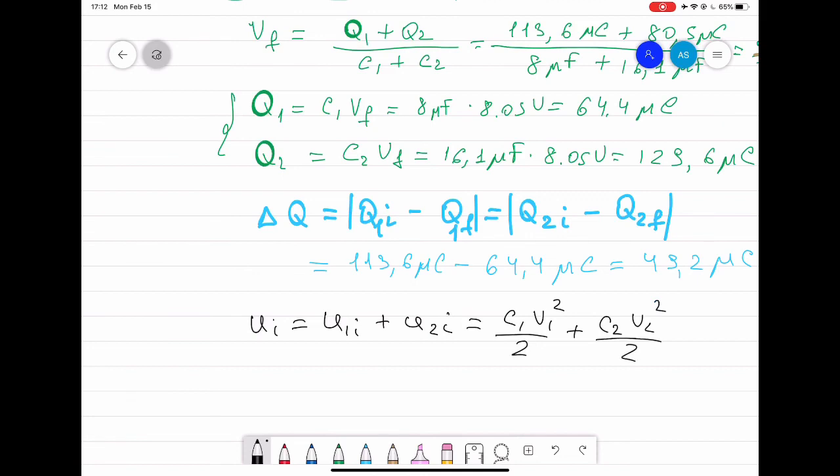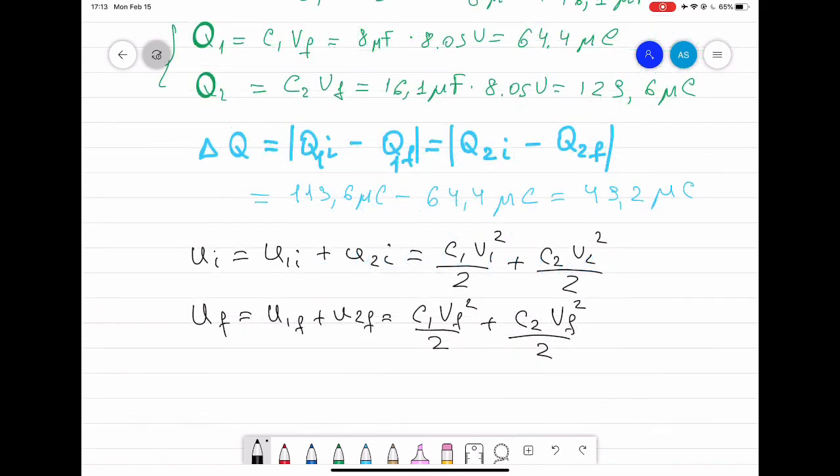Then, after connecting them, you find U final, which is U1 final plus U2 final, which is C1 V final squared over 2 plus C2 V final squared over 2. You calculate the initial and final energy, then find the difference between them: U final minus U initial. So that's it.